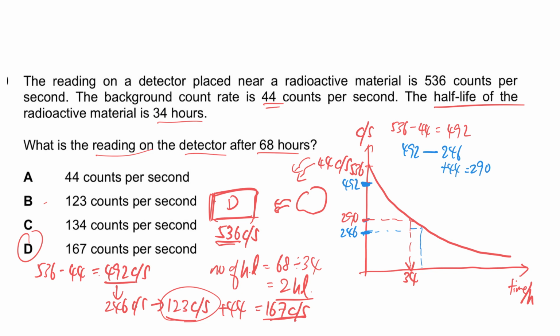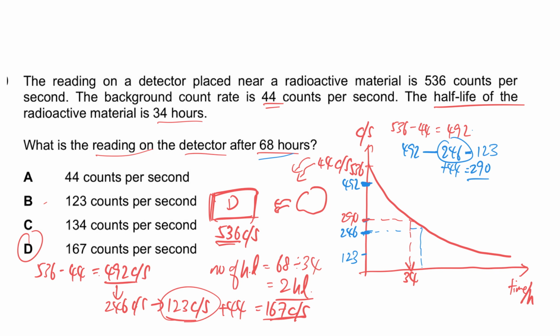So if you want to continue to put in 2 half-lives later, how about 68? How is it represented on the graph? After 246, you should not be looking at 290. So from 246, that's without the background radiation, purely from the radioactive source. After another half-life, you half the value, there will be 123 here. And this 123 is purely from the radioactive source.